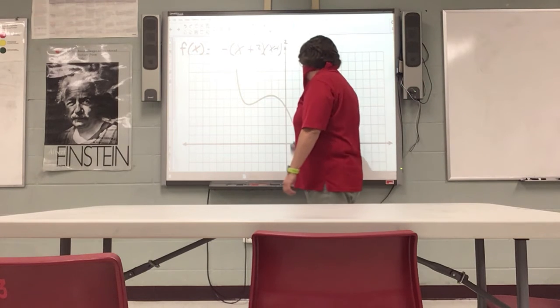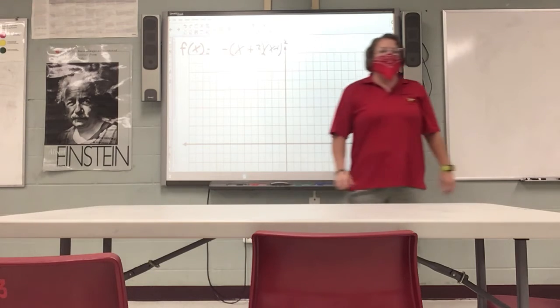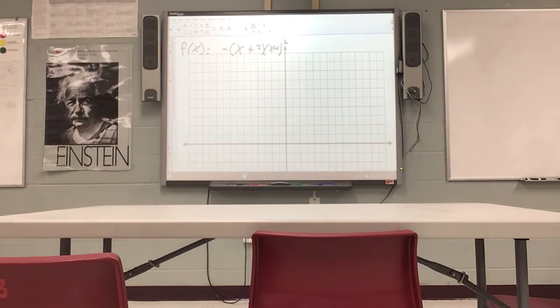So that just gives you, if you type it in your calculator and get something totally off, you know, oh shoot, I screwed up. Again, this one's written in what we would call intercept form. It tells you where it's going to cross. I know this graph is going to cross the x-axis at -2, because if x plus 2 equals 0, x has to be -2.